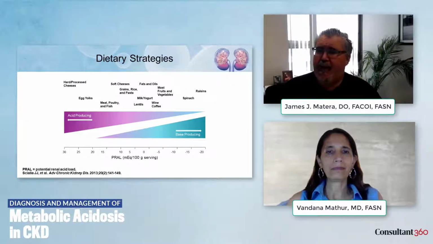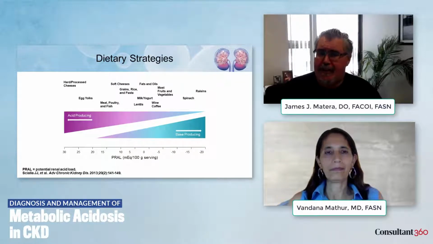And over to the right side, more base producing foods, which we'd want our patients to adhere to. But the discrepancy here is a lot of times with our chronic kidney disease patients, the things that would produce base also have other factors associated with them, such as phosphorus load, potassium load, different things that may not be very beneficial for our patients.